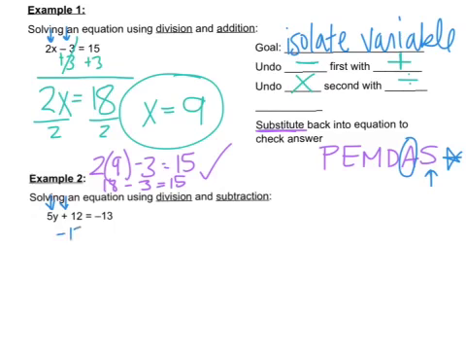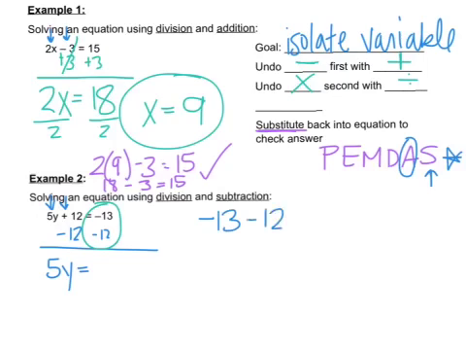So I'm going to minus 12 to undo that addition. And I'm left with 5y equals, here we have something for you guys to know, negative 13 minus 12. Subtracting a number is the same as adding a negative, so we can say negative 13 plus negative 12. This gives us negative 25.